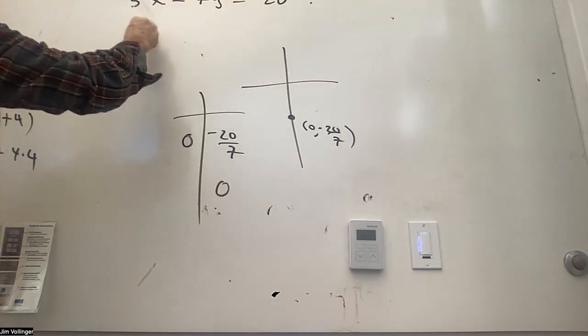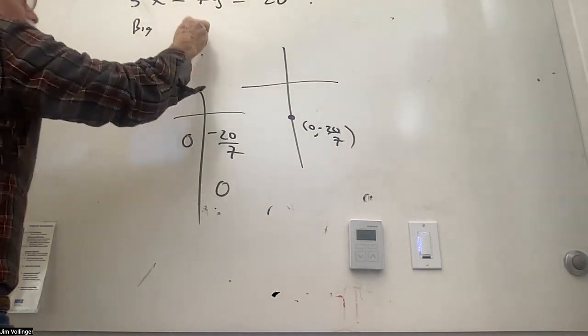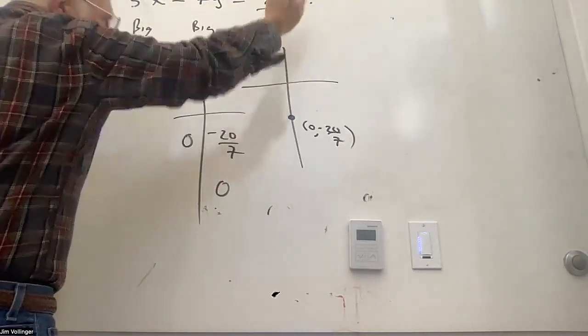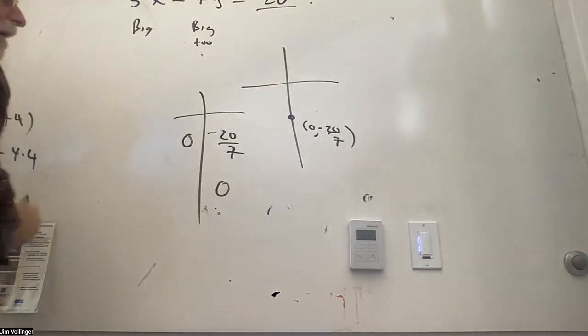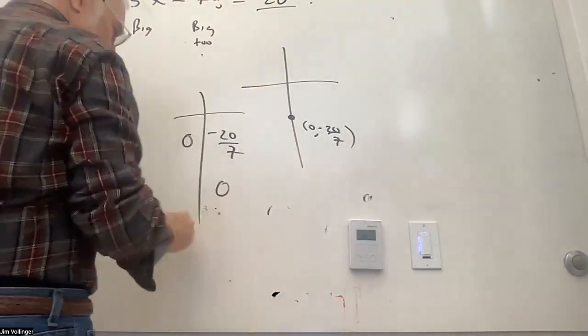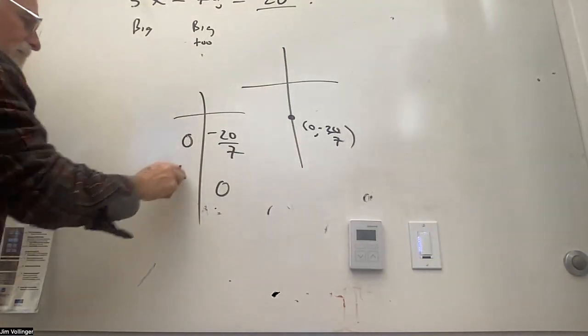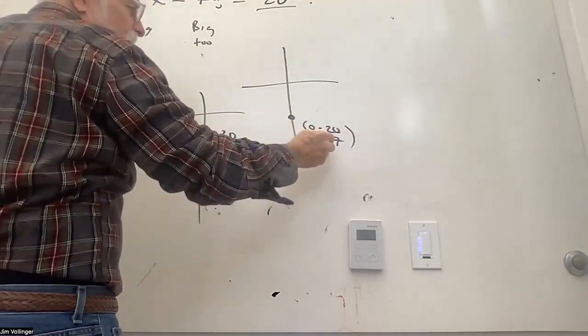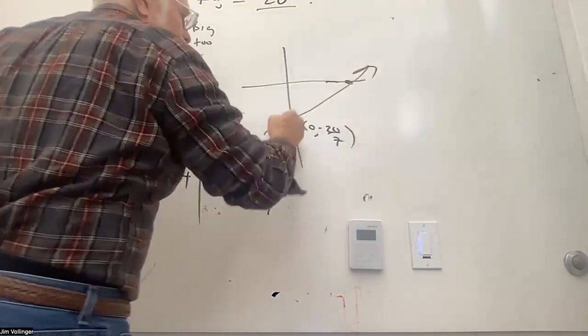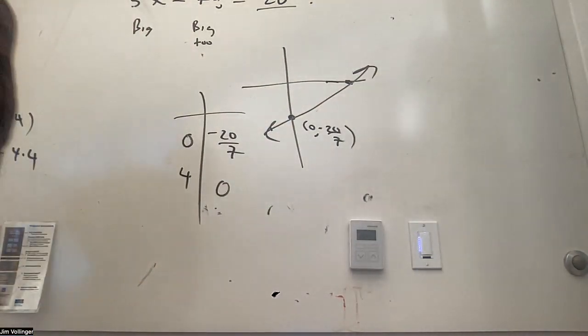If this gets bigger, that's got to get bigger too in order to maintain that constant. So they're both going up. Okay, so I did that properly. And now I cover that one up with a 0 here, and I get 4. Okay, that's your 3. 4 is probably there. Got the line. All righty.